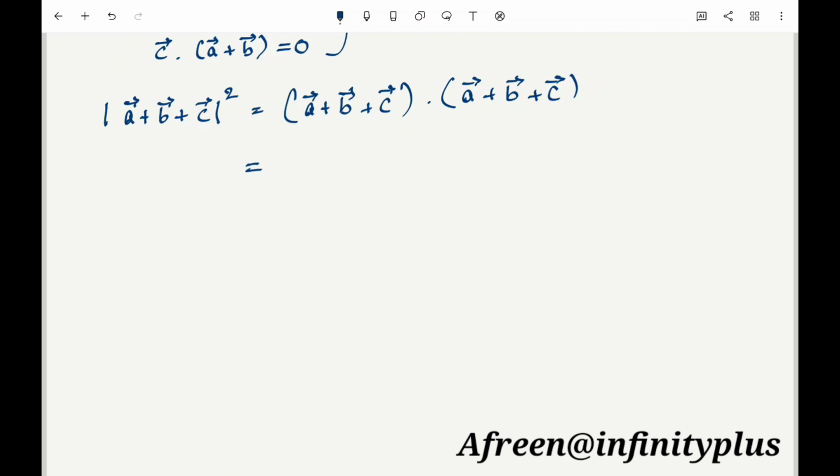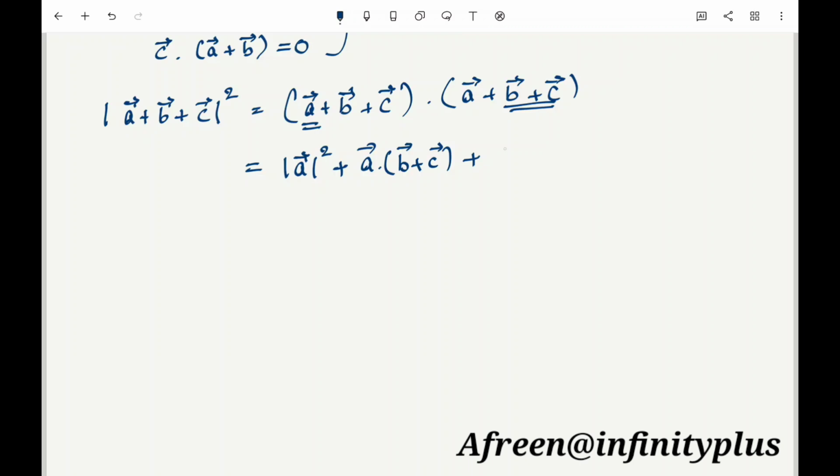Now you can multiply these two terms. So a dot a. So a dot a is magnitude of a square plus you will be getting a dot next two vectors, which is b plus c, plus, one term is completed. Next you have to move to the b.